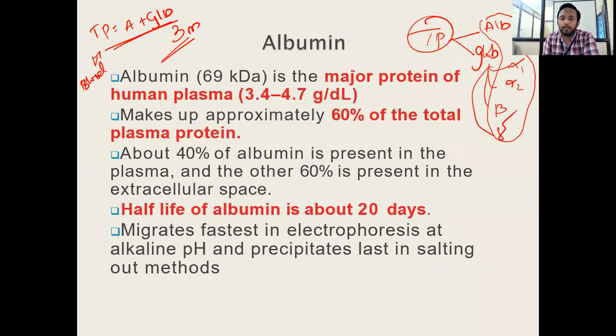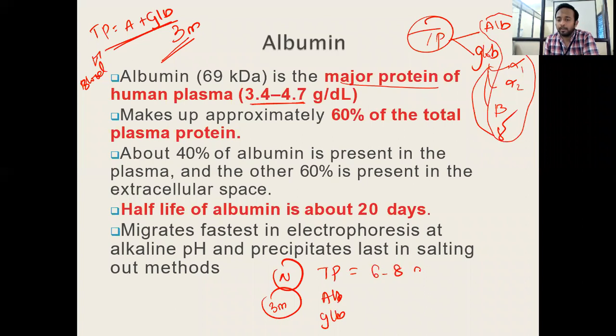So what is albumin? Albumin is the major protein. How much is it present? The normal values of total protein, albumin, and globulin are an important 3-mark question. Total protein is 6 to 8 grams per dl. Always remember proteins are present in blood as grams per dl. When it comes to albumin, different books give different values.